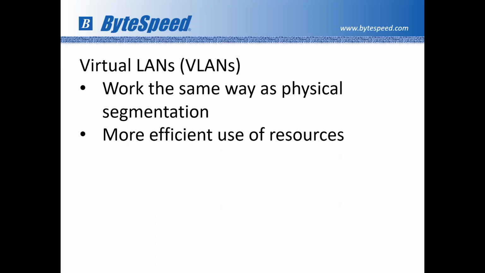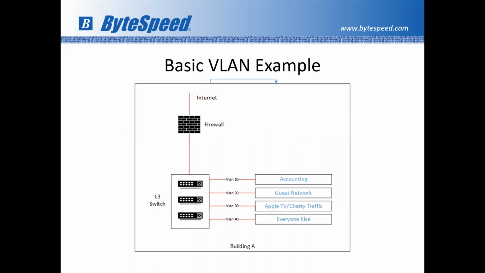You can use, again, these VLANs and routing and access control lists and firewall filters to isolate that traffic to that specific VLAN. So again, you don't need multiple switches to do that. You can do that all on a layer 3 switch that does that routing. And it does allow you to be a little more efficient on your resources.